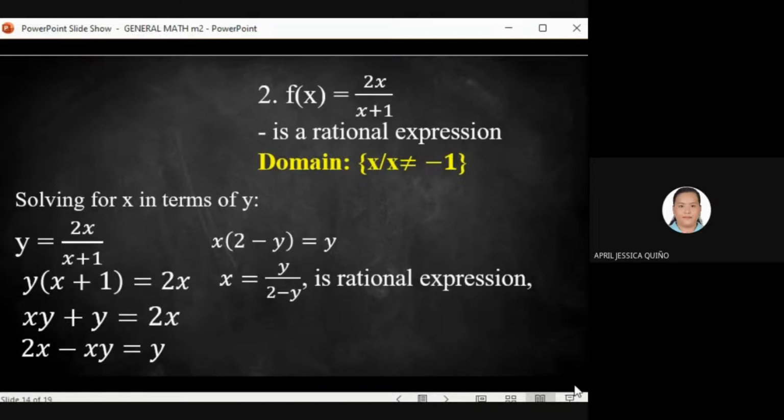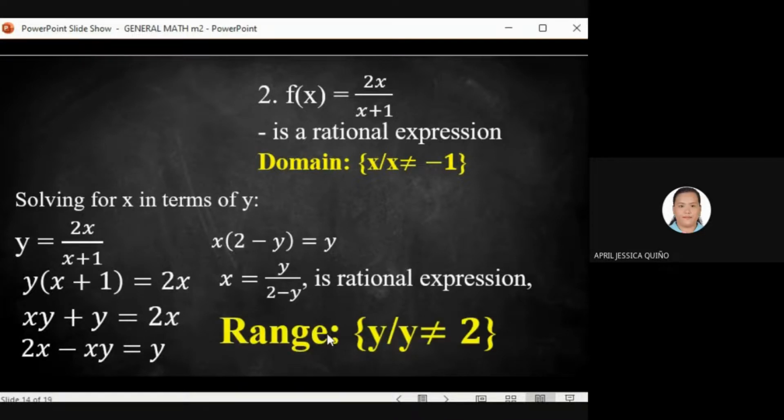So therefore, anong value ang hindi natin pwedeng gamitin sa y para hindi siya maging 0? Correct. We should not use 2 as the value of our y. Okay? So meaning to say, your range will be y such that y is not equal to 2. Hindi siya pwedeng maging 2 kasi if you use 2 here as the value of your y, the equation will be undefined.